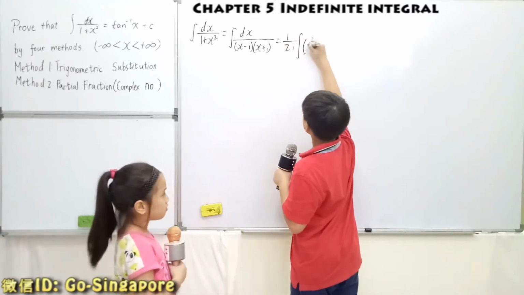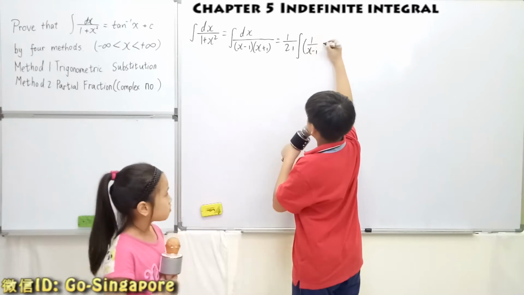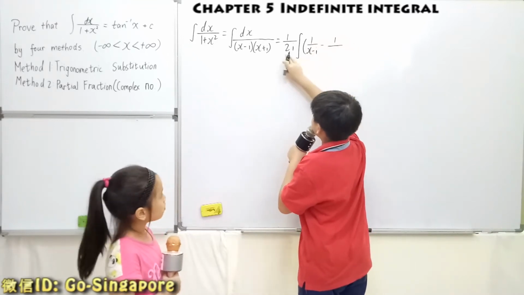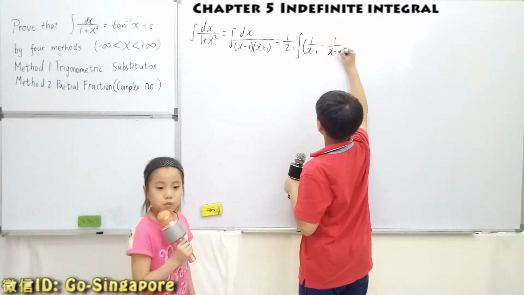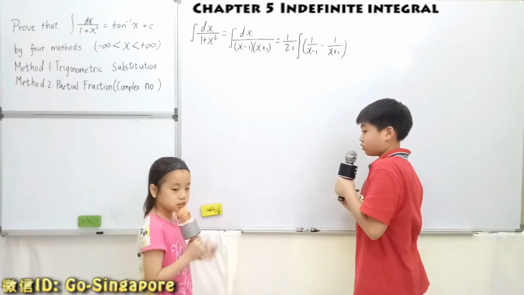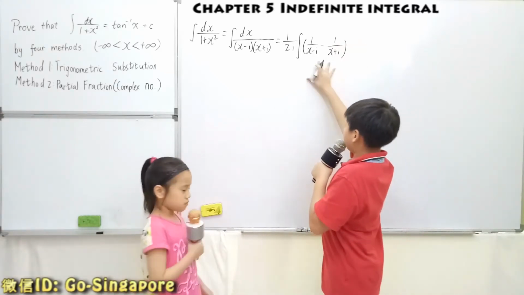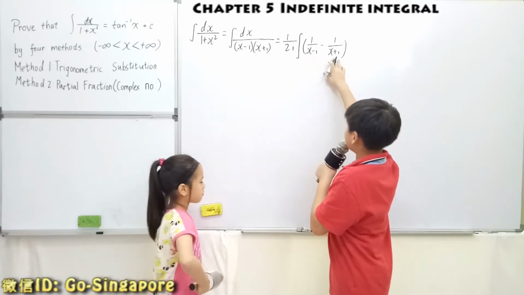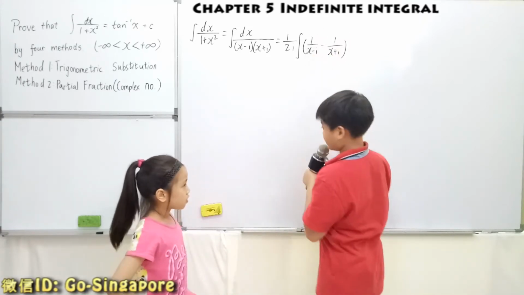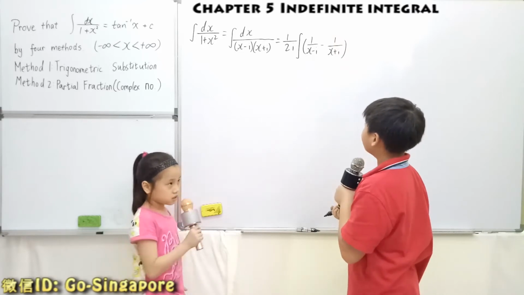Do you know why we need to have this outside? Because we need to make it still the same. When we take the common denominator, we actually multiply, so we have the extra 2i.